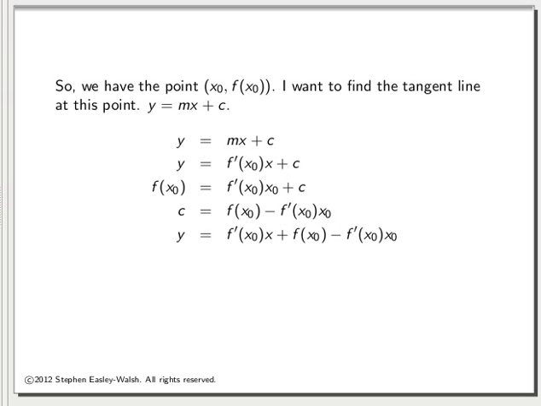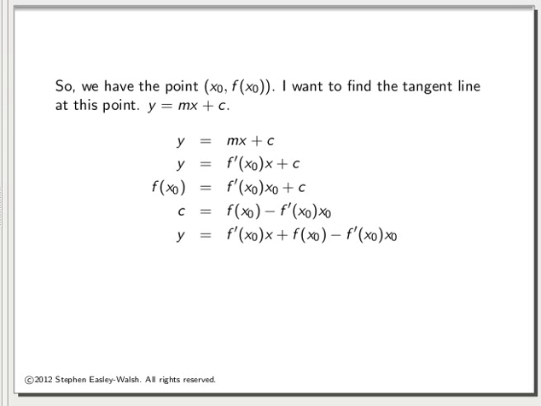For the second line, what did you do? The m was just replaced by the derivative, because for a tangent line, the derivative is the slope. The derivative of what? The function, the f. And so you see here, this is the equation of the tangent line.